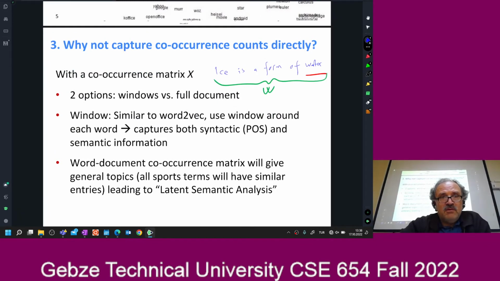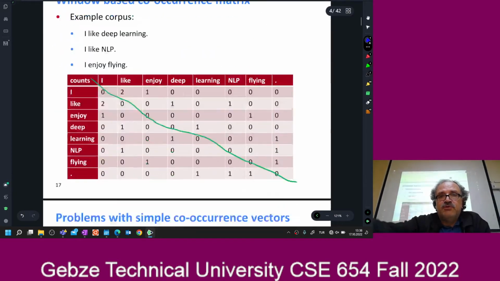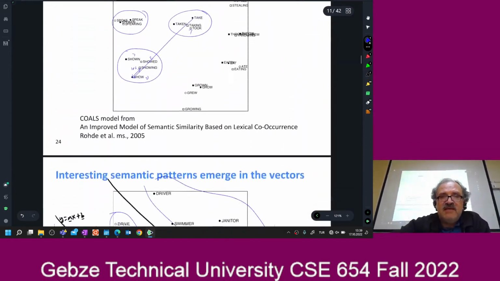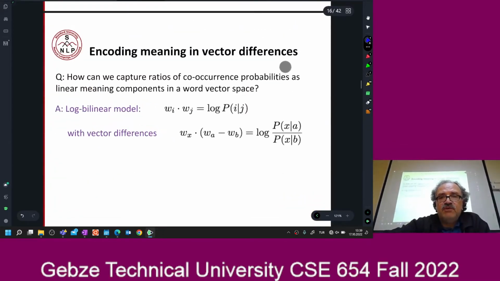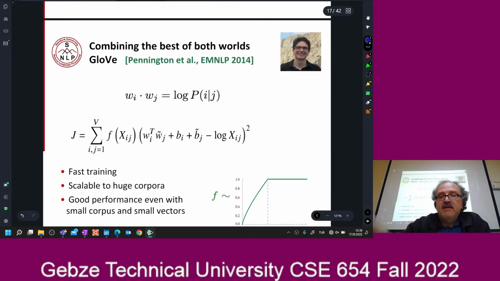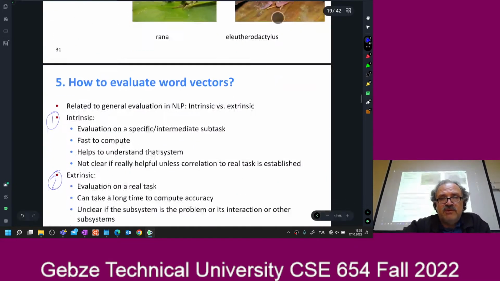So we talked about these co-occurrences, and people have been working on this for a long time. Later, they came up with this idea of using co-occurrences and the skipgram approach under the same framework, and they got these nice results, and GloVe works very well.